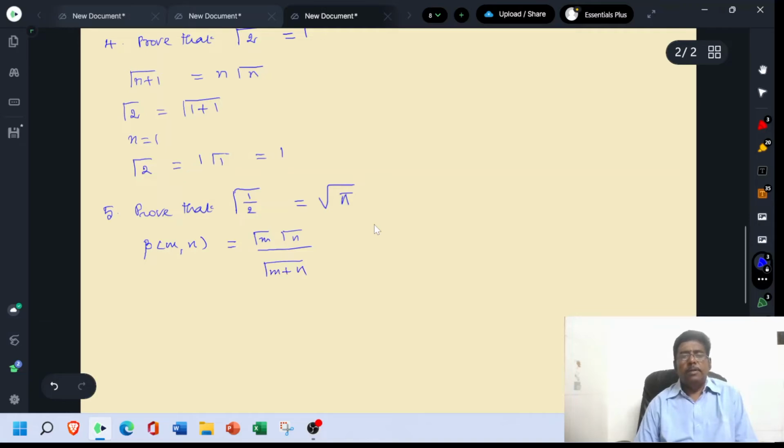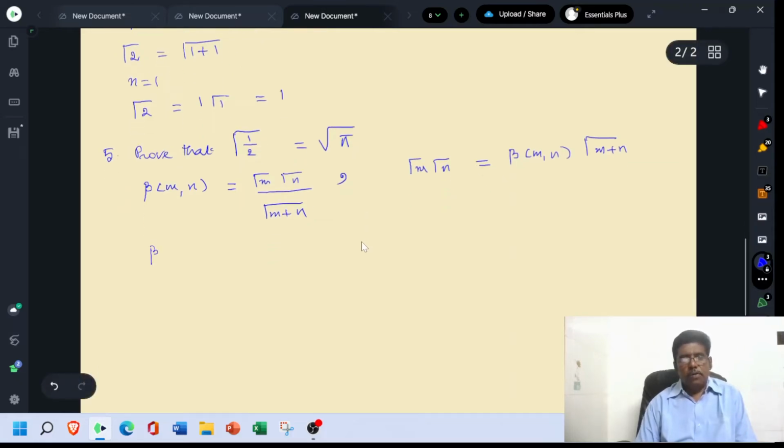This is the relation between beta and gamma function. Now, gamma m into gamma n is equal to beta of m comma n into gamma of m plus n. I have just cross multiplied this.